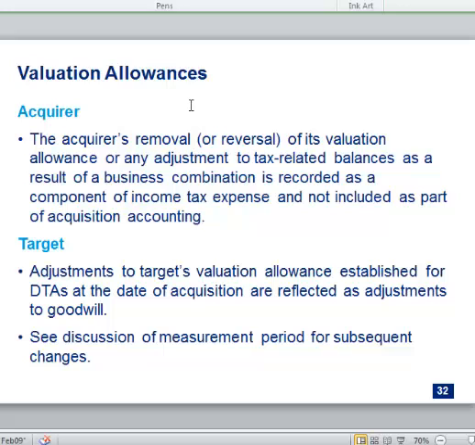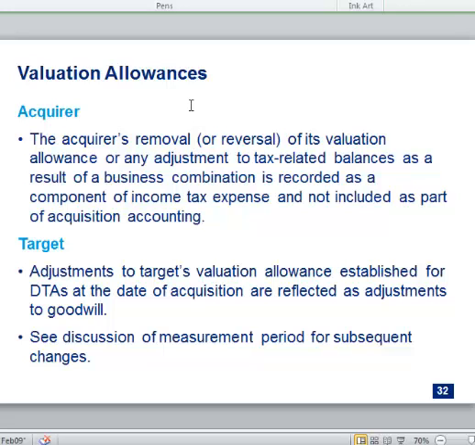Right? So in the context of an acquisition, when you're talking about valuation allowances, it's important to think about, is it the buyer that has a VA or the target? Or both? Okay? Because we're going to get some pretty different answers depending on what the assumptions are. So it's entirely possible that the acquirer has a valuation allowance, but the target doesn't.